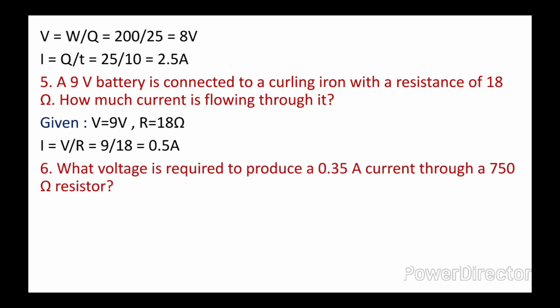Next question, what voltage is required to produce a 0.35 ampere current through a 750 ohm resistor?